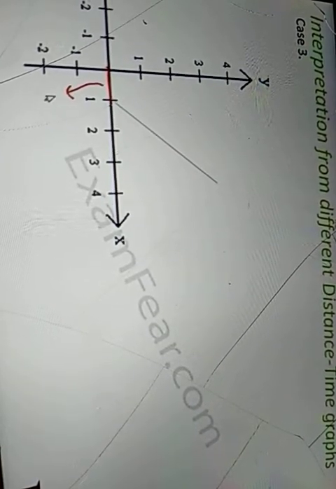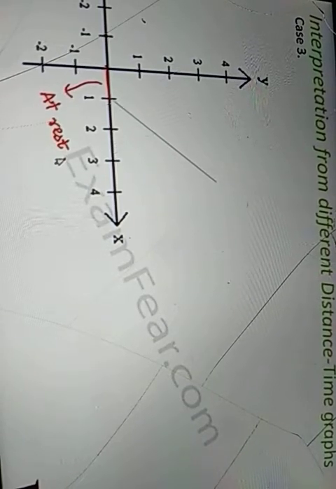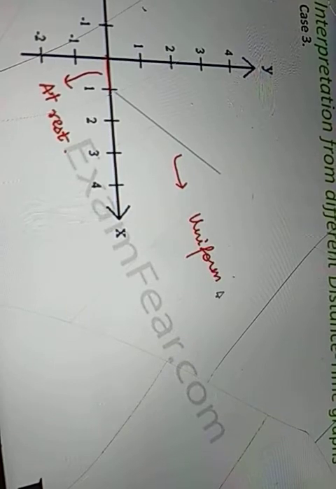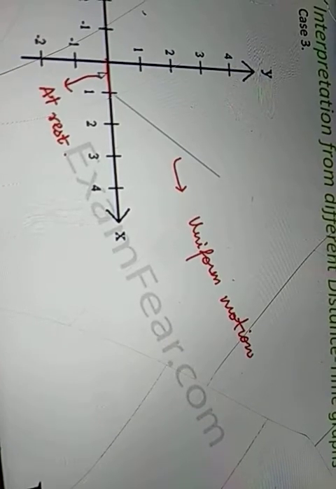This portion, till this much time, the object was at rest. And only after this, the object started moving uniformly. So whenever you have a straight line like this, it shows uniform motion. But initially the object was at rest.